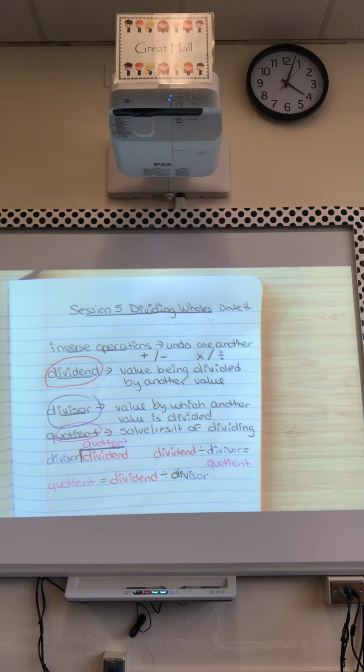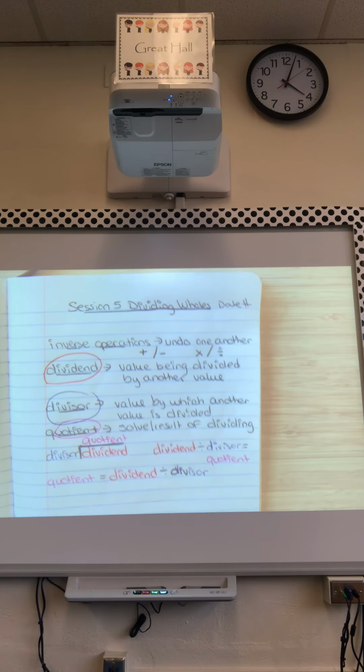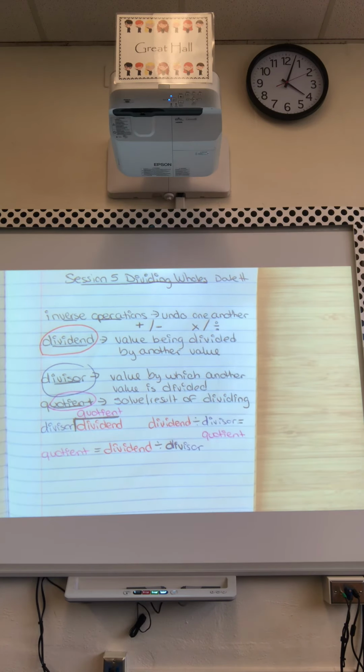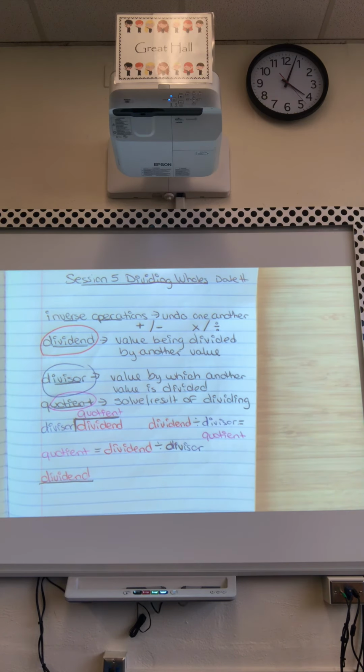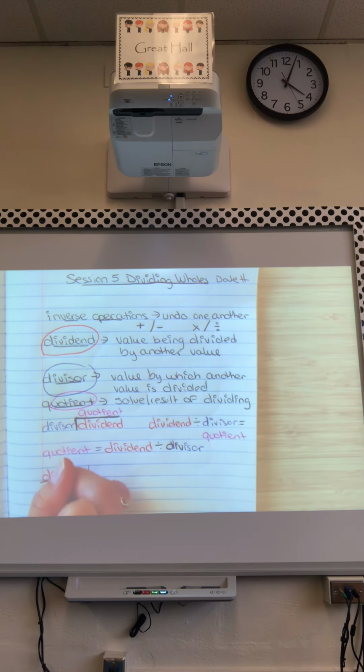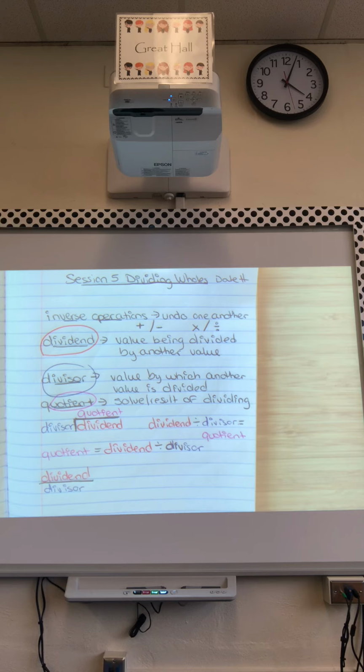But in 5th grade, you're going to learn that you can write it a couple of different ways in addition to these ways that you probably already know. And that is, you can put your dividend here. You can put your divisor down here. And it will equal your quotient.